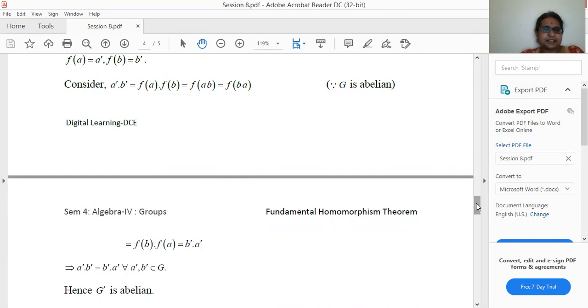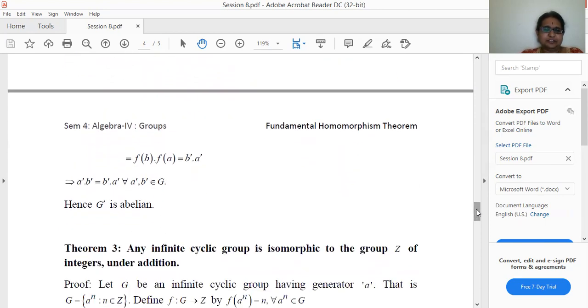So in this proof, we have used the commutative property to prove it is abelian, and it was given that f is an isomorphism. So isomorphism means it has to be a homomorphism, 1-to-1 and onto.